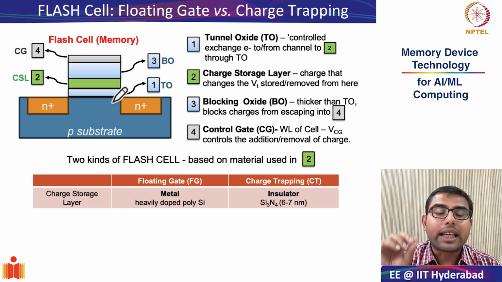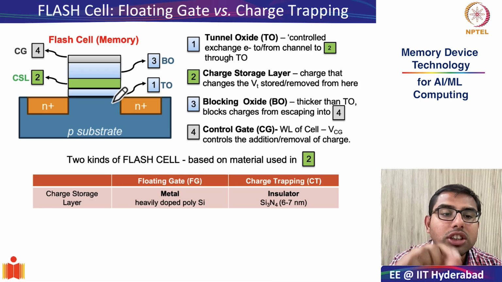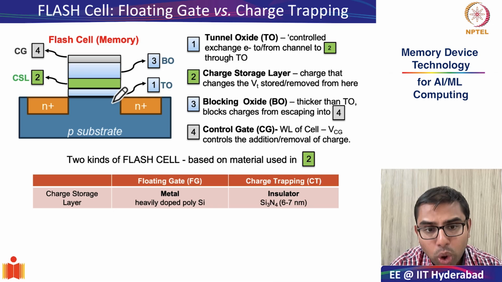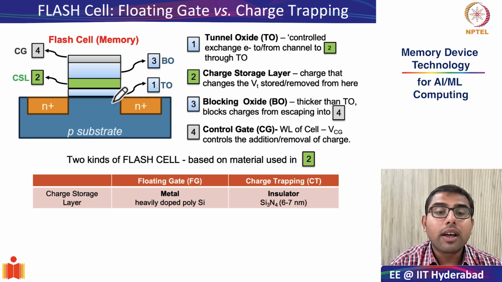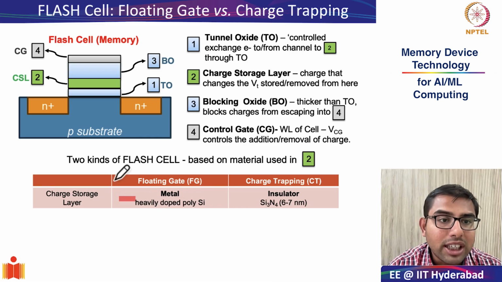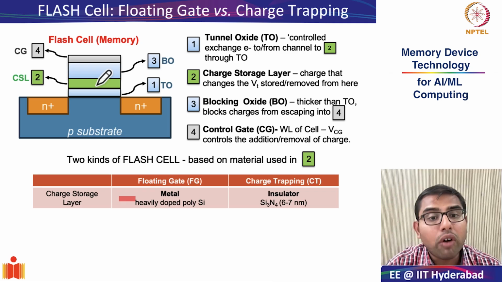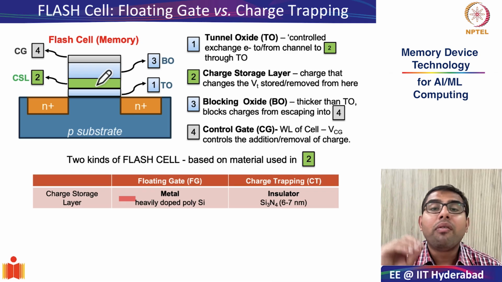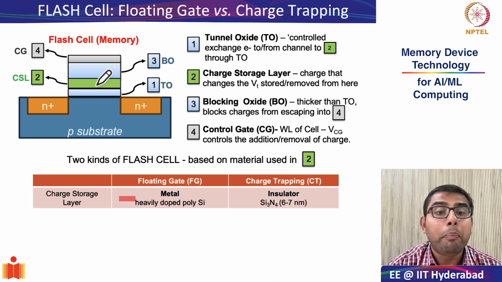And as I said, the key difference is what is the constitution of the charge storage layer. For the floating gate cell, the charge storage layer constitutes primarily of a metal. So this green entity in the case of floating gate is a metal. Most generally, it is very heavily doped polysilicon.